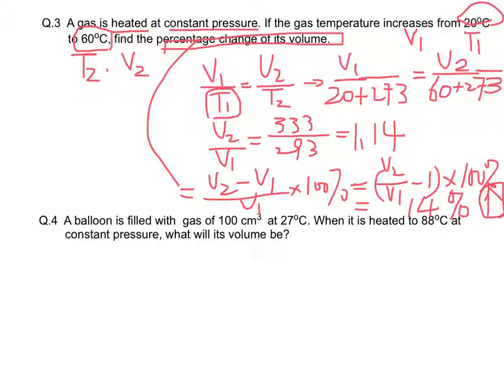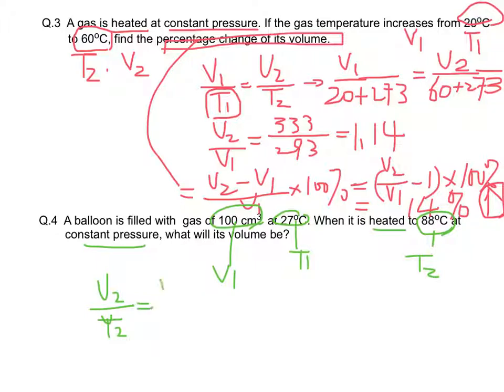For number 4, T1 is 21 degrees Celsius, V1 is 100 cm cube, T2 is 88 degrees Celsius. The gas is heated at constant pressure, and assuming there is no leakage of gas, the gas is heated at constant mass and constant pressure. Then we apply the equation again.